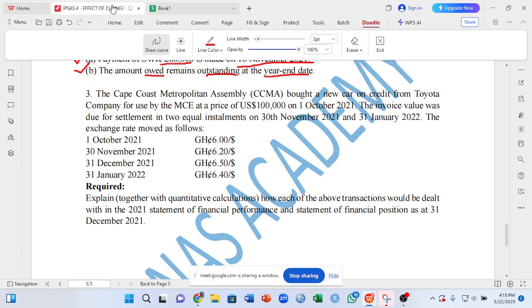With question three, first things first, identify your functional currency and your foreign currency. So in this question, what's our functional currency? What's our foreign currency? Anyone?